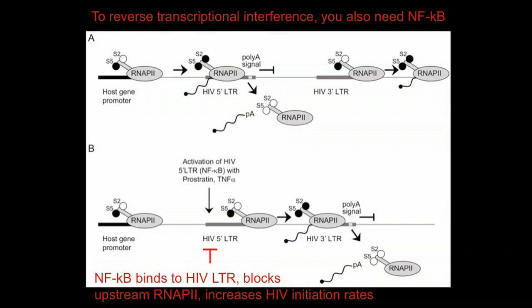But if you now activate NF-kappa B, then you can actually block this polymerase, because NF-kappa B binds so tightly, and binds also single-stranded DNA, which is important. So the RNA polymerase now is stalled here, and now the HDAC inhibitors, or SAHA, for example, can start working on the initiating polymerase on the 5' LTR. So you need NF-kappa B release and P-TEFb release, and the combination of the two can overcome transcription interference.